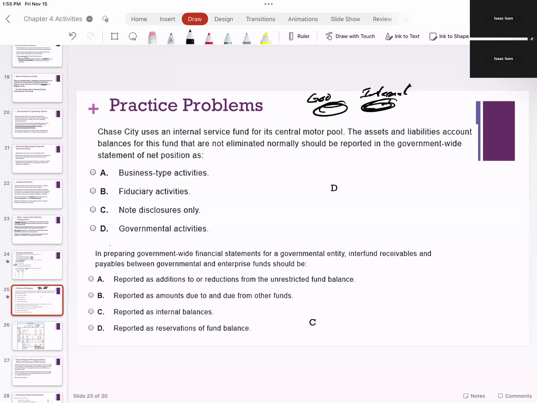It's billing, charging itself. So that's going to show up under the governmental activities. In preparing government-wide financial statements for a governmental entity, interfund receivables and payables between governmental and enterprise funds should be... We just read almost those exact same words: reported as internal balances.